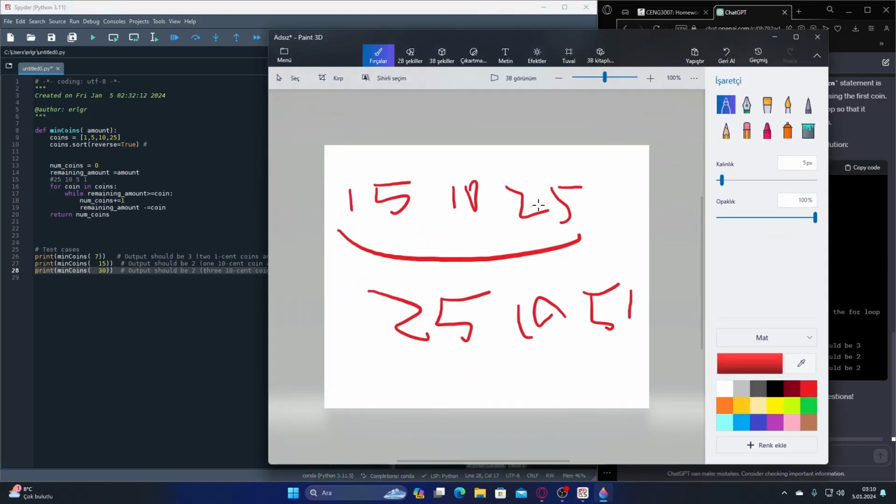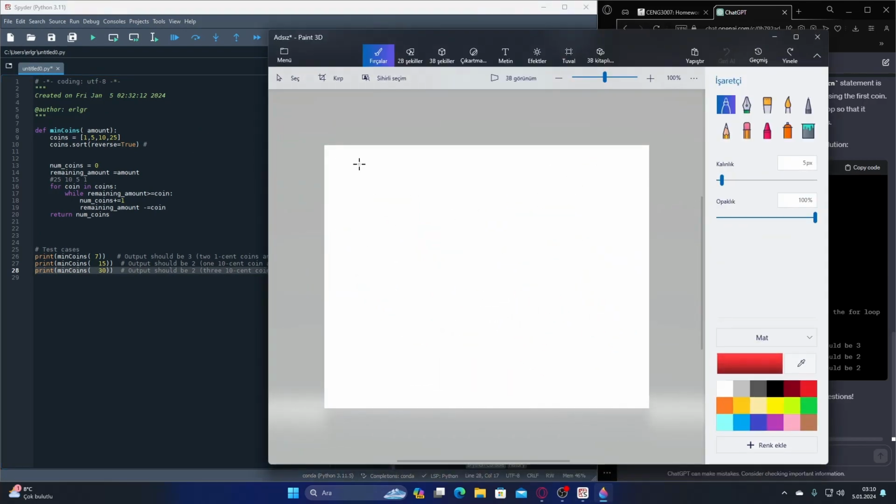Oh, sorry. And for this one, I have 25, 10, 5, and 1. And for the 7, it is working like it goes to 25, it's bigger than 7, then it goes to 10.